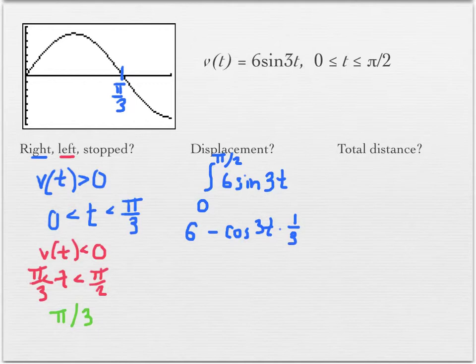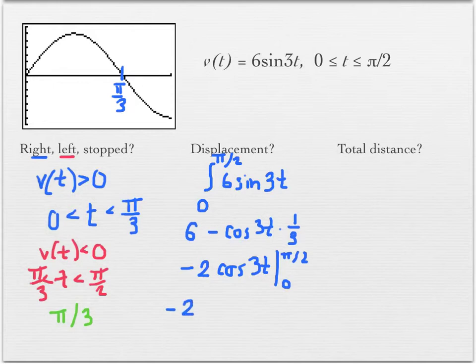And so when all is said and done, I'm going to have negative 6 times 1/3, so that's going to be negative 2, and the cosine of 3t, I'm going to evaluate that between pi over 2 and 0.